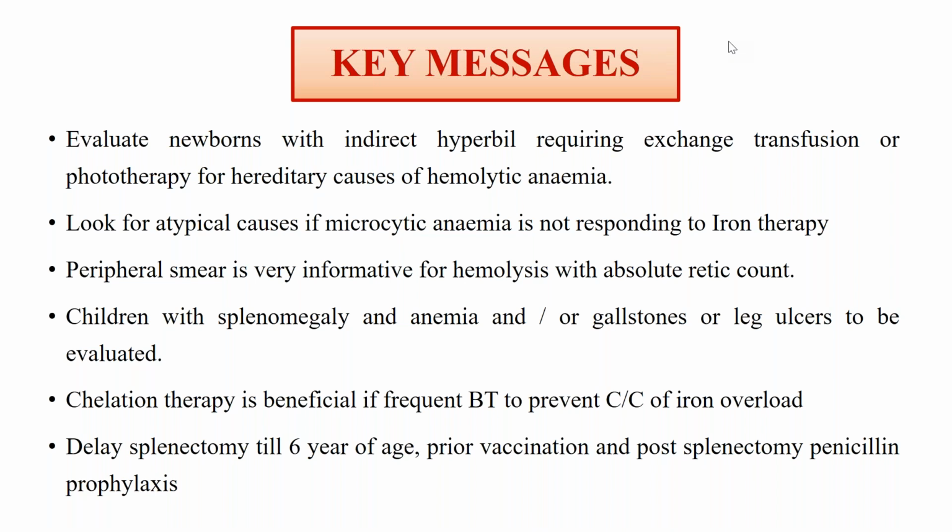Children with splenomegaly, anemia, gallstones or leg ulcers need to be evaluated. Chelation therapy is beneficial if frequent blood transfusions are required, to prevent the complications of iron overload. And delay splenectomy till 6 years of age, vaccinate the children beforehand, and post splenectomy give penicillin prophylaxis to them.